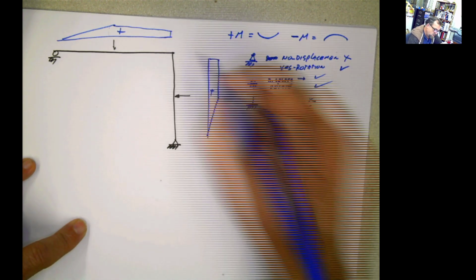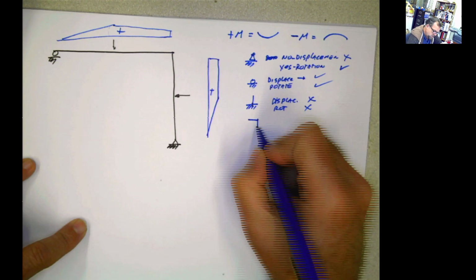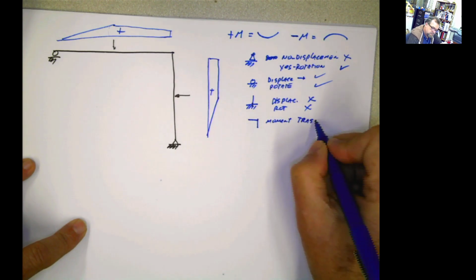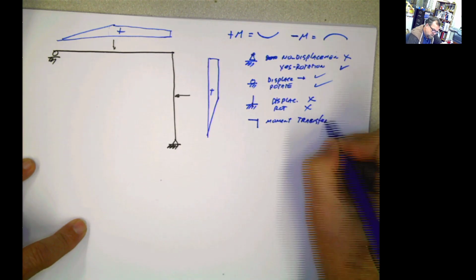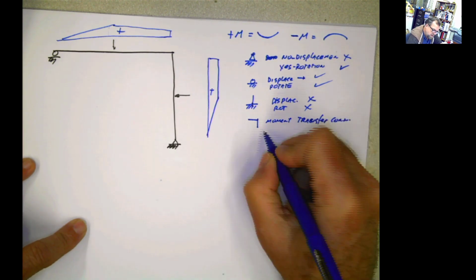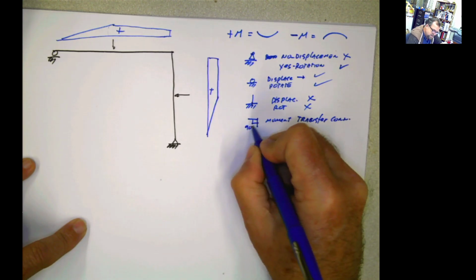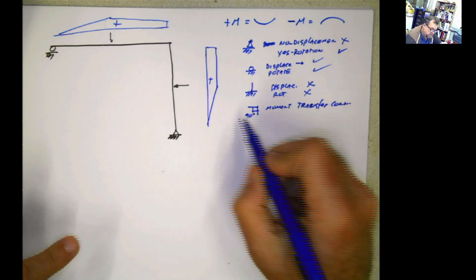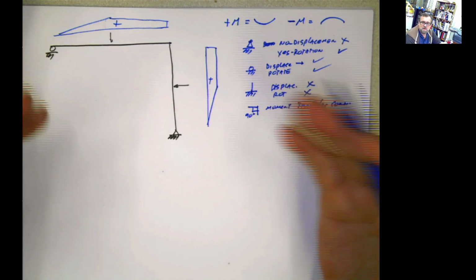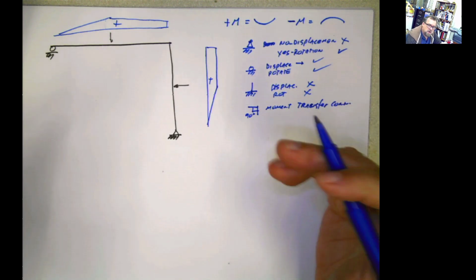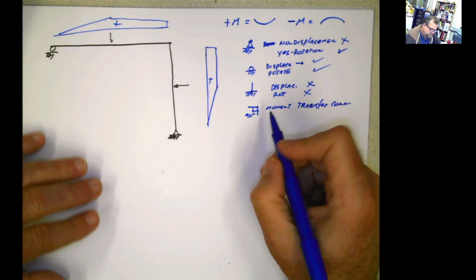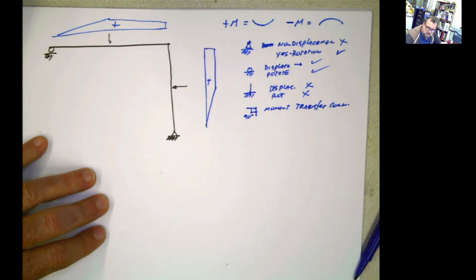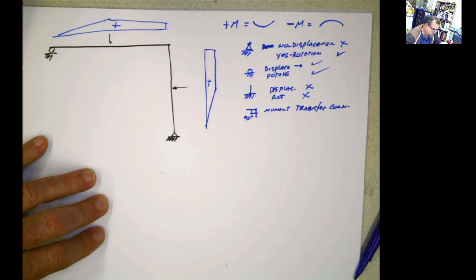Now, if this is a moment transfer connection, then if this is 90 degrees, your deflected shape is going to try to keep those 90 degrees. If this was, I don't know why, but if this was 60 degrees, then your diagram should keep that 60 degrees. Based on that, we can start trying to do our deflected shape here.